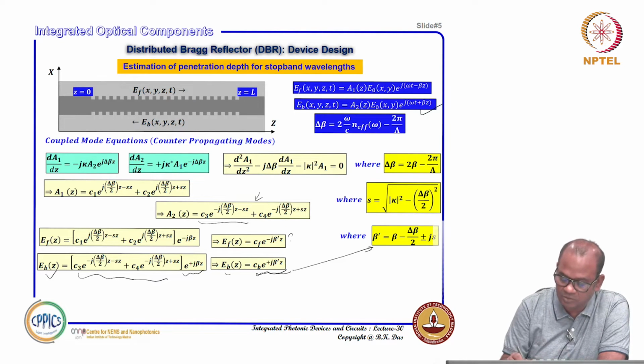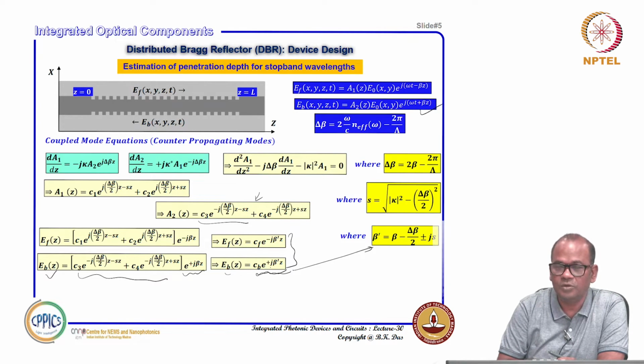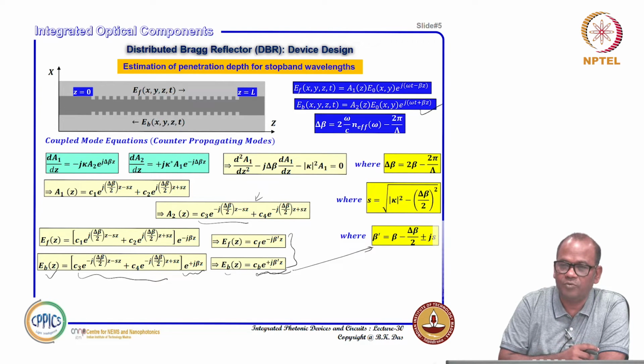So with these two solutions, we could say that in analyzing normal DBR structures, we considered a weak perturbation, and we assumed that the forward and backward propagating waves are weakly disturbed and their propagation constants are the same.